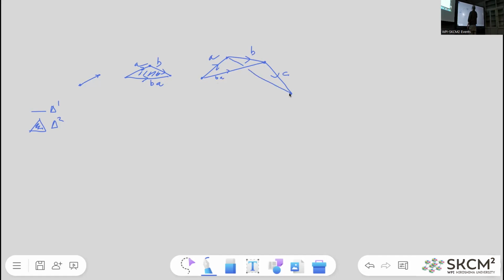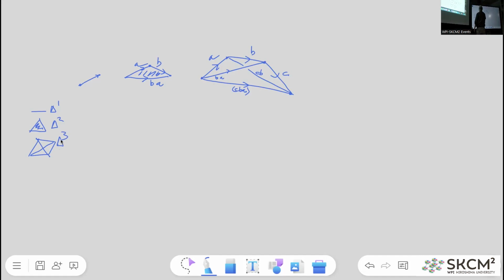And you can get CB. And then you can consider the triple composition, which is CBA. I don't have to write parentheses on that because the category is associative. And I get a 3 simplex that corresponds to a composition of 3 things.